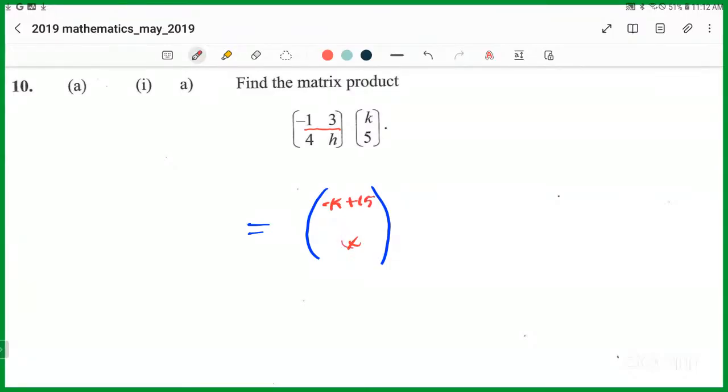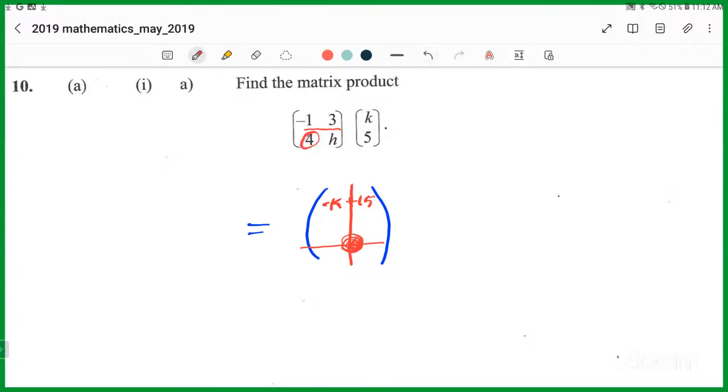Then the second value is positioned in the second row and the one column. So to get it, you multiply this second row by this one column. Again it's first element times first element, plus second element times second element.